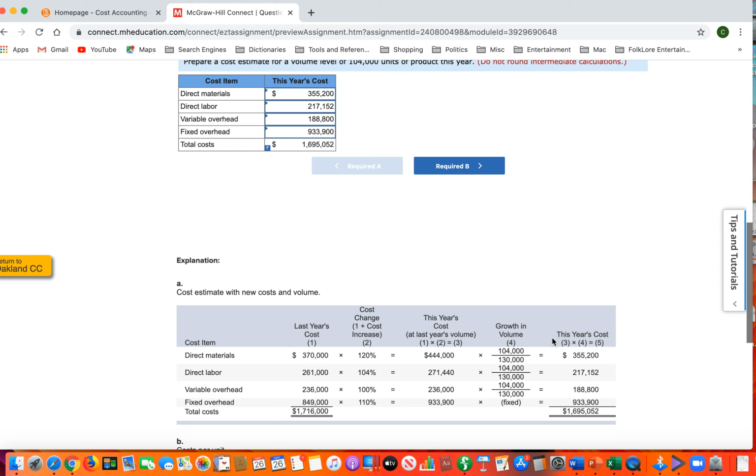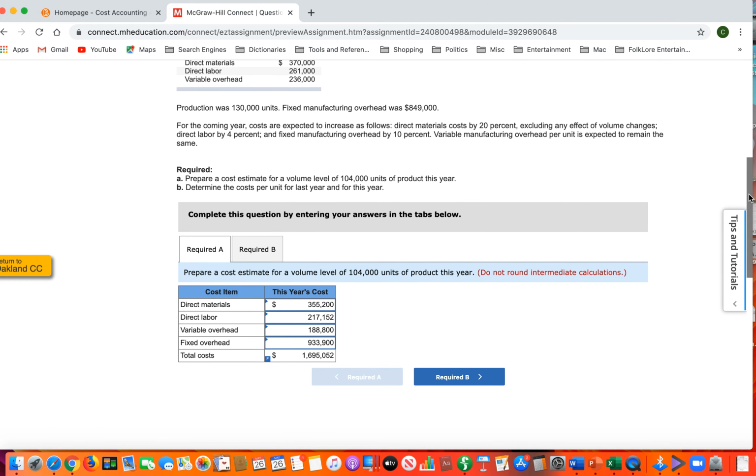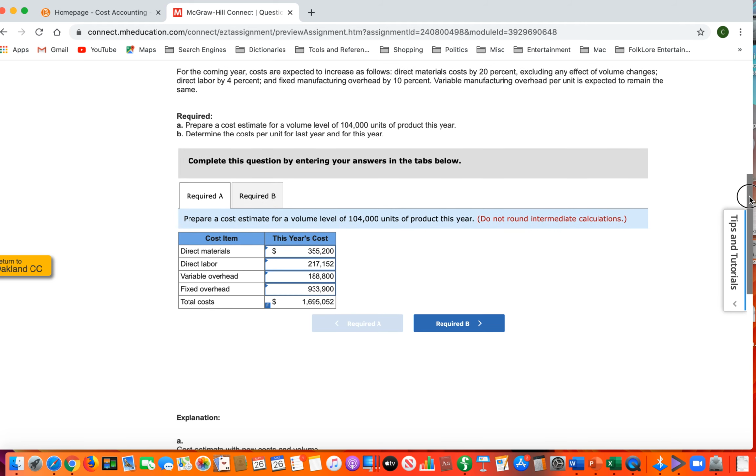Now we know that this was the previous year's cost. They gave this to you up there. And this is the most current year. Now, you look at the unit cost for each year, divided by the number of units.